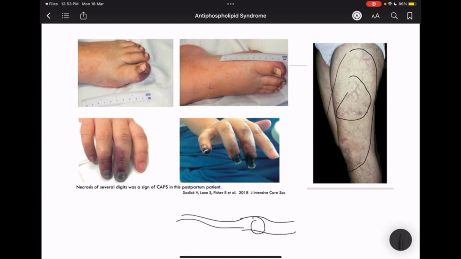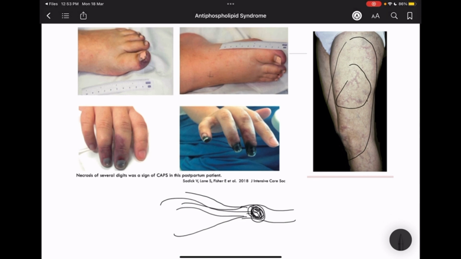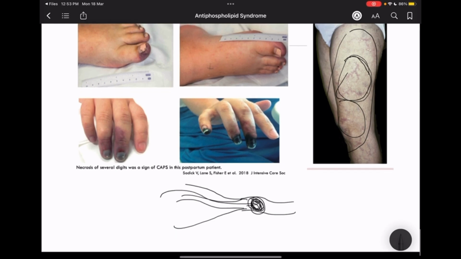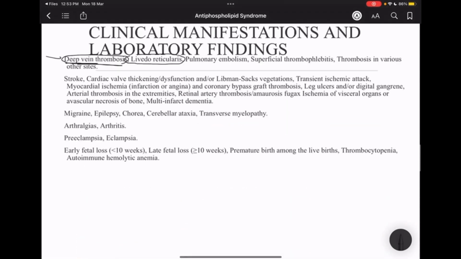If we have a thrombus in this area, this part will be swollen because there is no blood flow. Because of that, we can have stasis of the blood, which can produce this purplish discoloration. That's the cause of livedo reticularis.